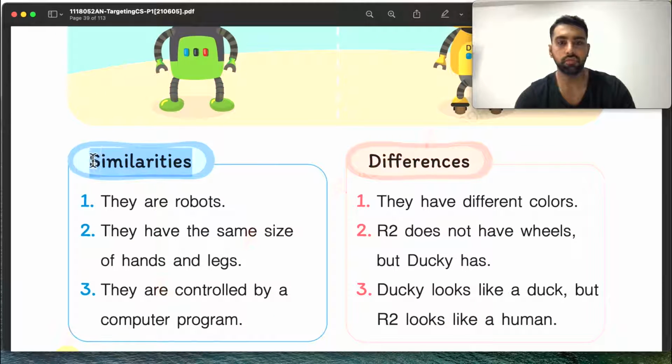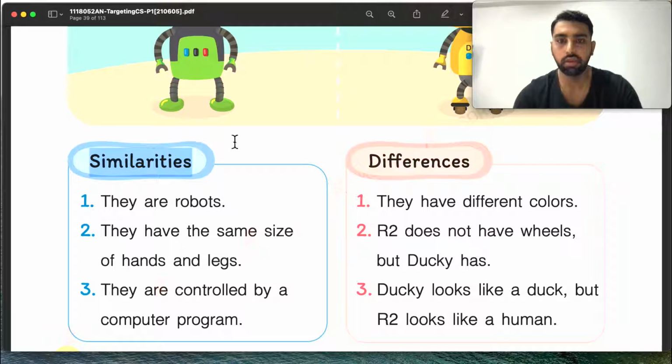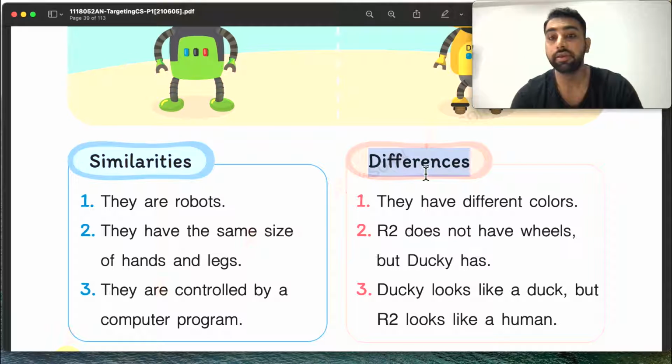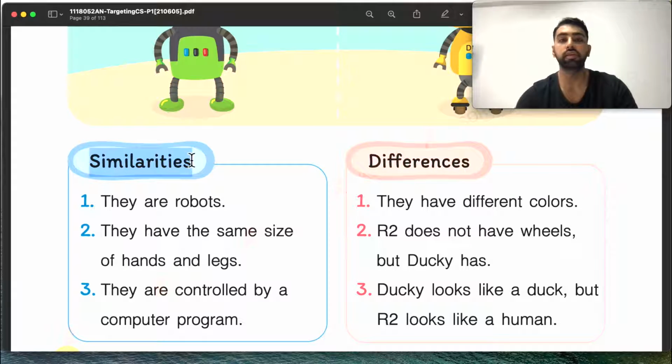Here is the same, here is not the same. This is what we call similarities, and this is what we call differences. In this one we have to put what is the same.